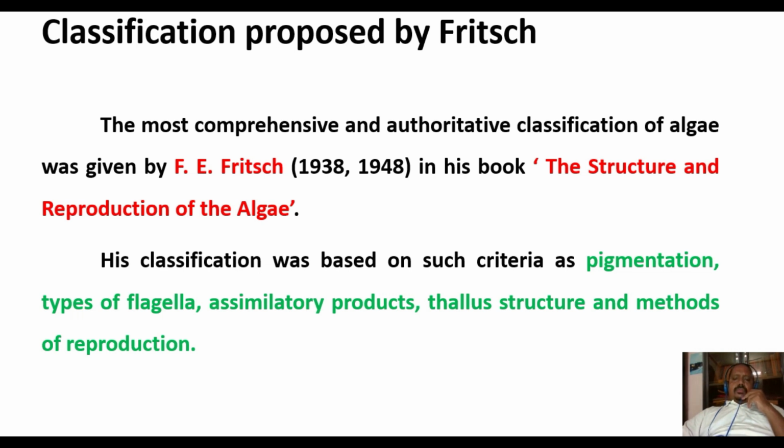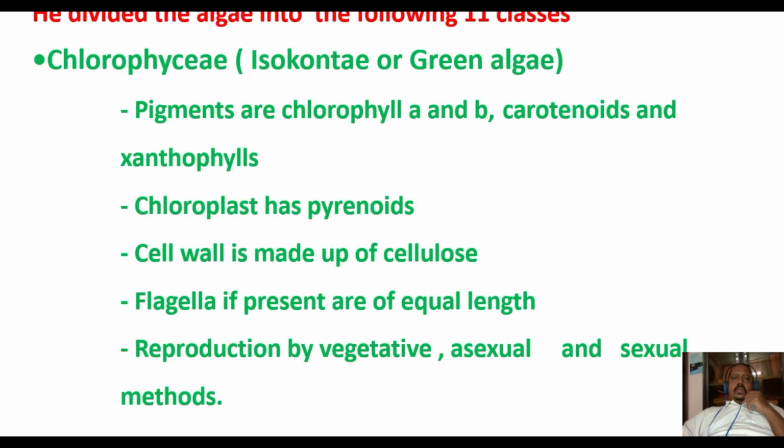His classification was based on criteria such as the pigmentation, types of flagella, assimilatory products, thallus structure, and method of reproduction. In recent classifications also we use these criteria, except the types of flagella.